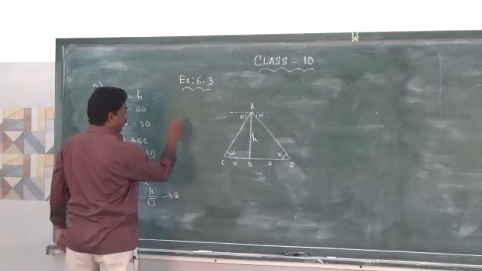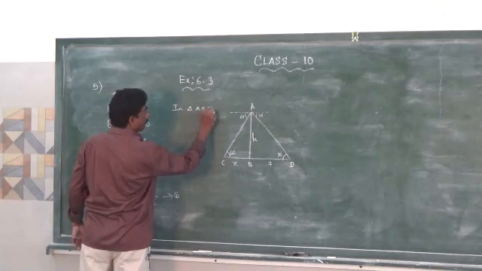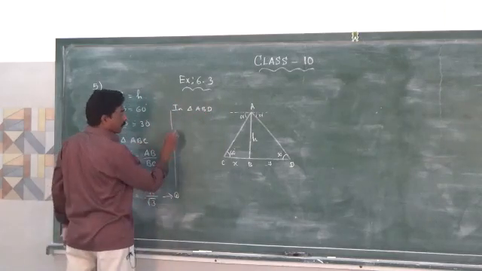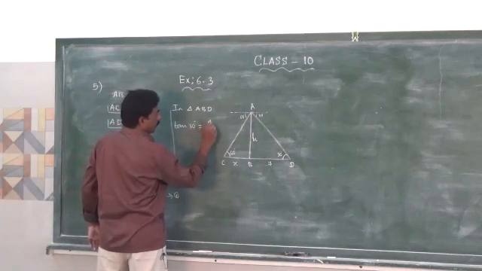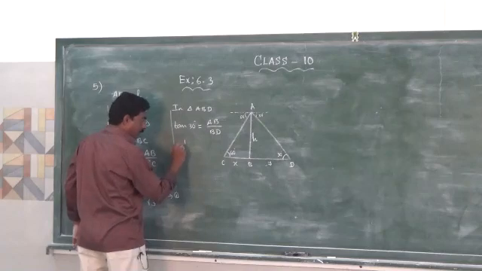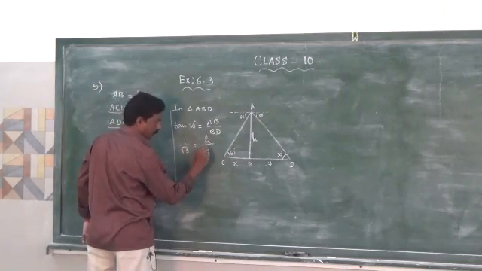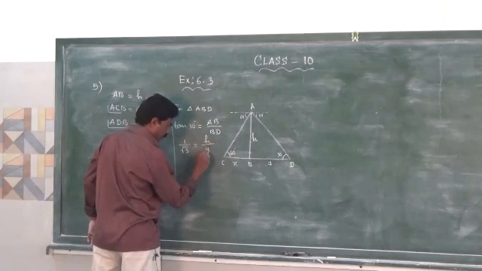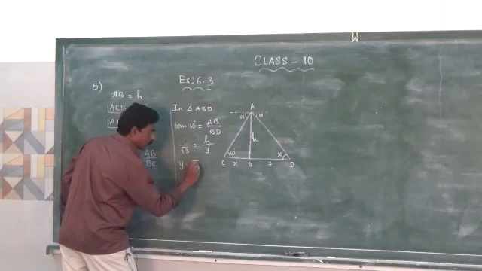In triangle ABD, tan 30 equals AB by BD. Tan 30 is 1 by root 3, AB is h, and BD we'll take as y. So y equals root 3 h.